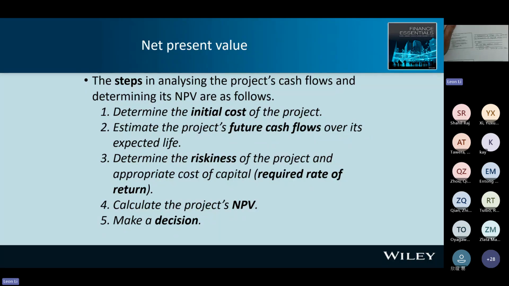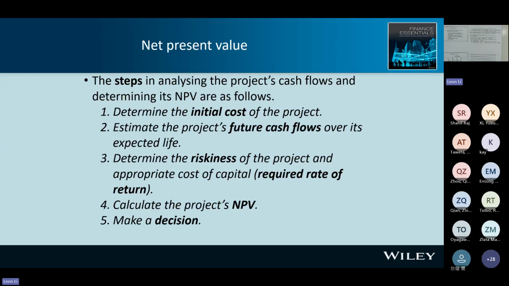I would like to highlight two key steps. The first key step is estimation of the future cash flow. This is a big challenge. It's very difficult. But in 101, we give you the data directly.